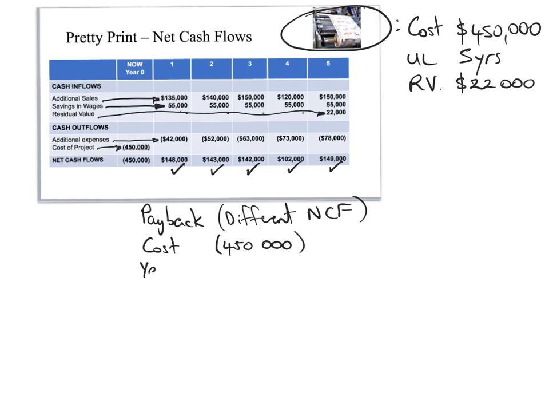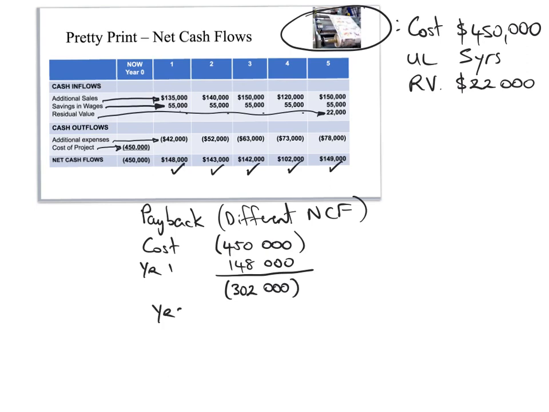Now, in year one, we're going to generate $148,000. So that's going to leave us $302,000 that needs to be recovered.